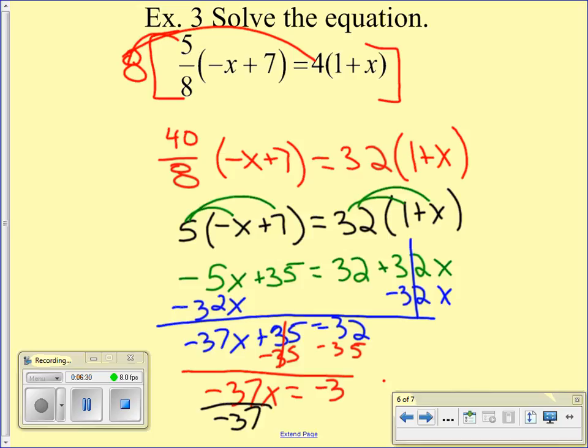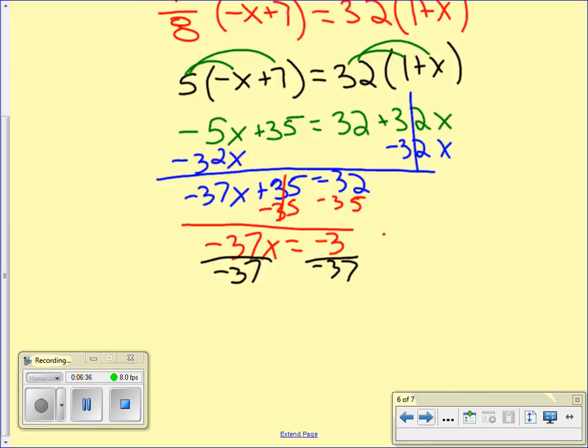Divide by negative 37. So x equals 3 over 37. It doesn't reduce either. The only thing that happens is the negatives turn into positives, so that x equals 3 over 37. That is called the exact answer. Leave it as a fraction.